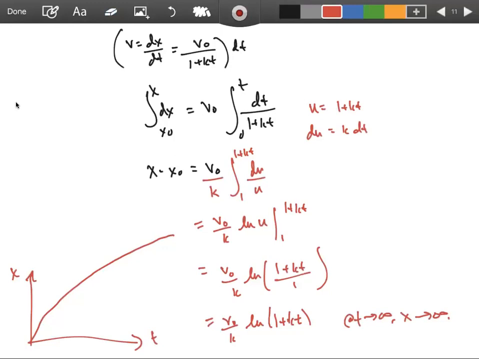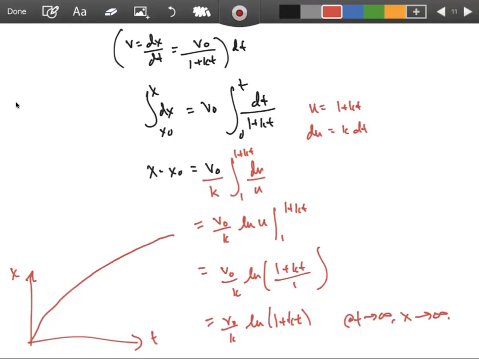Now, this may seem weird, but it actually kind of makes sense if we think about it. For early times, for large velocities, this thing is going to slow down at a fast rate. But as the velocity gets smaller and smaller, the size of the drag force gets smaller and smaller, until it's moving so slowly that the drag force will be so small that it'll approximately be equal to zero.